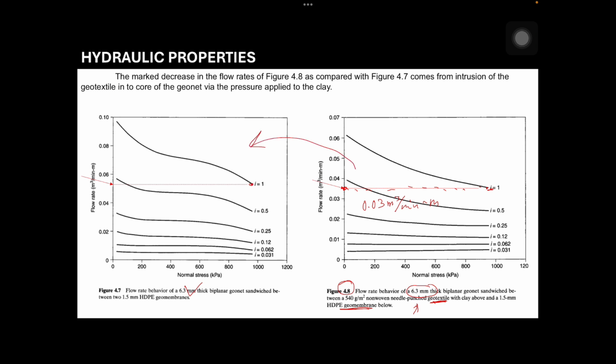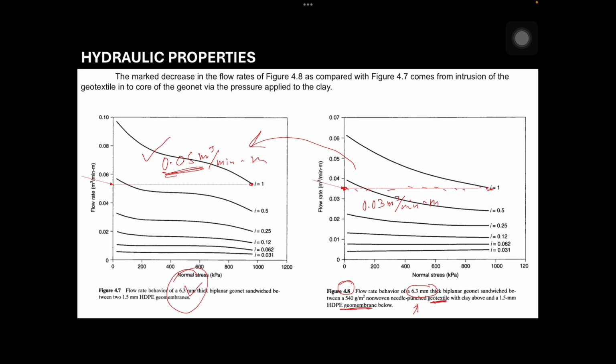Diba, ito at 1, ang kaya niya is 0.05 cubic meter per minute per meter length. So, mas mataas ang kayang i-provide ng ganitong setup or combination of geosynthetics. Mas mataas ang flow rate nito, mas okay siya.